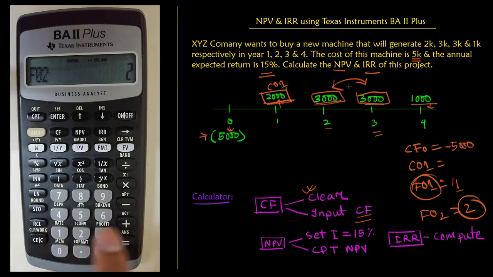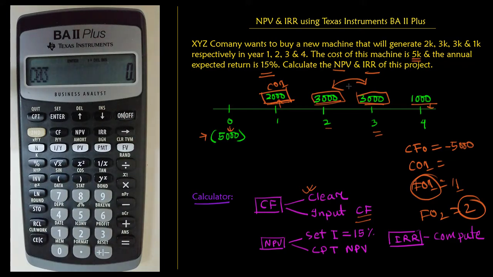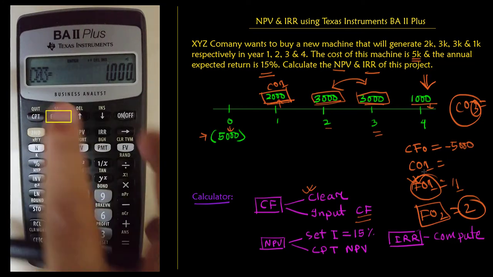Alright, so put 2 and press enter, and now this C03 is actually this cash flow. It's kind of confusing because you may think that C03 is the cash flow at year 3, but it's actually this one. That's why I always keep it to 1 and give the inputs of cash flows separately. Anyways, so put 1000 here.